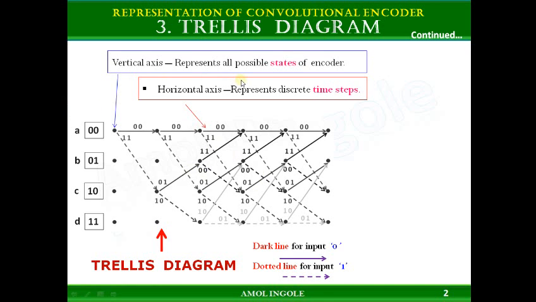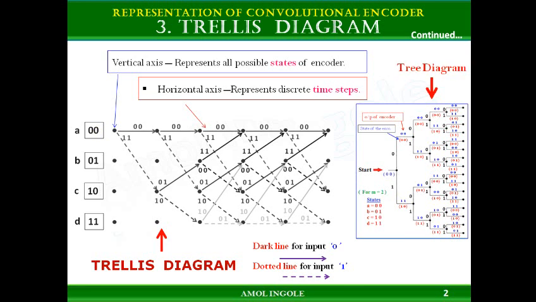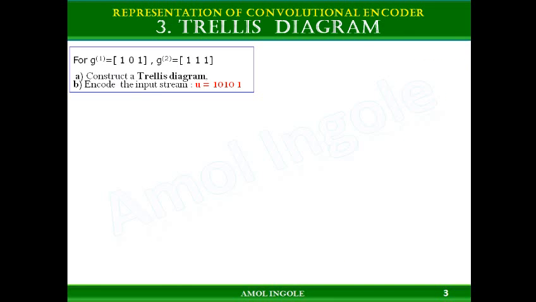Vertical lines are used to represent your possible states of the encoder. So this is one example showing 4 possible states. If you compare this with the tree diagram, this is how a tree diagram looks, and this is your trellis diagram. So to understand how this trellis diagram is constructed, we're going to consider one numerical.